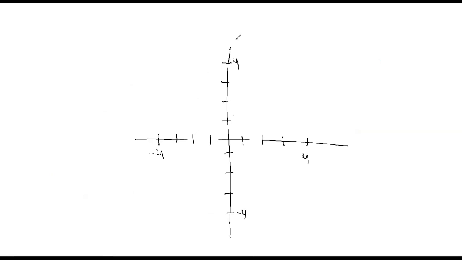I'll do this one in red for the regular function. That was left 3, down 2. Then we had the -1, 0. And then we had the 4, 2. So this is f of x.